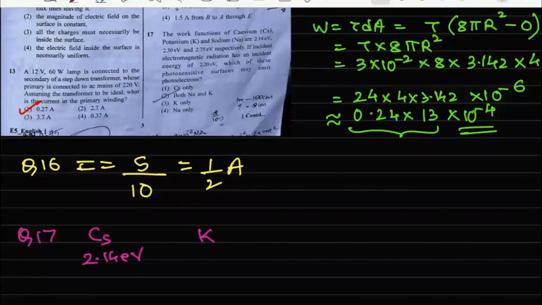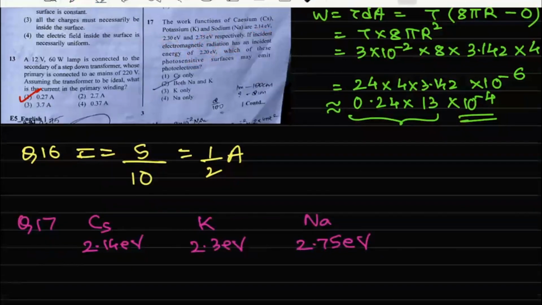Sodium, sorry, potassium is 2.3 eV, and sodium 2.75 eV. So, okay, 2.14, 2.3. Now, if the incident electromagnetic radiation has an incident energy of 2.2 eV, which of these photosensitive surfaces may emit photoelectrons?